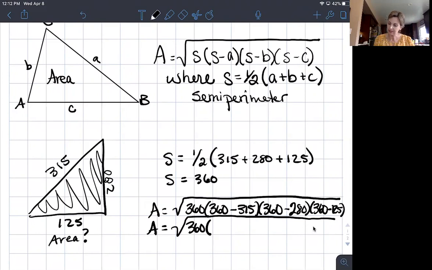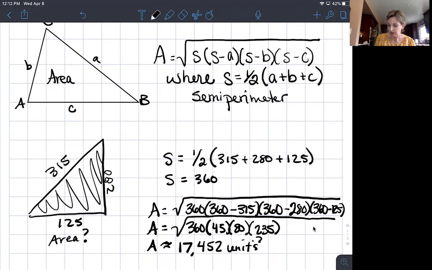So 360 minus 315 is 45. 360 minus 280 is 80. And 360 minus 125 is 235. All right, so you just multiply those four numbers together and take the square root. And when you do that, you're going to get 17,452 units squared. That's the area of that triangle.